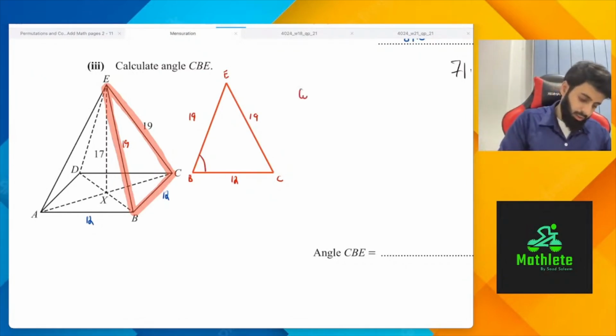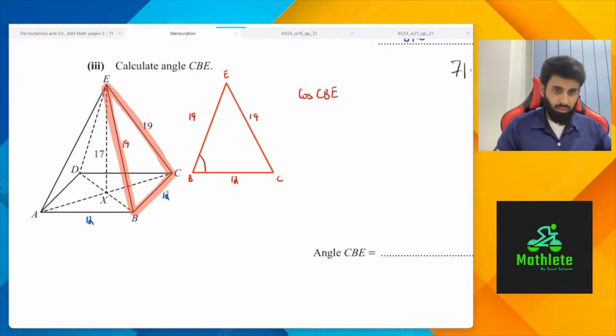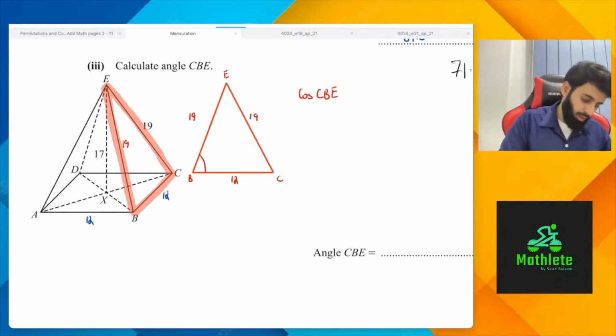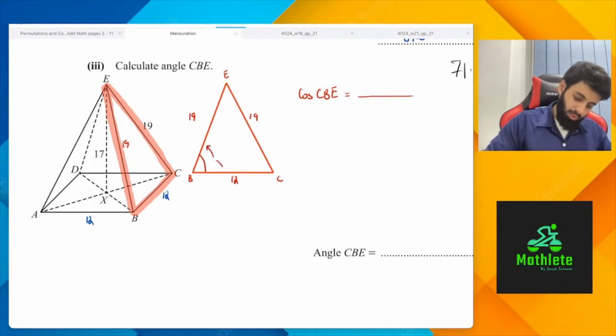Let's see. cos of CBE. Now remember, it is only the angle that we have to find. It is going to be equal to, the included sides will be added. That means you add 12 and also 19.